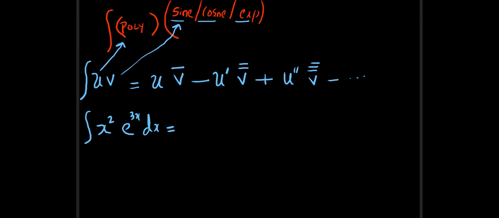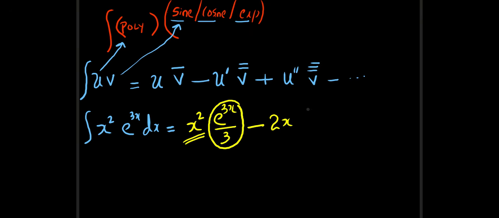Okay, so let's try the rule. First function and the integral of the second will be e to the power 3x the whole divided by 3, minus the derivative of the first function, which is 2x, and then you integrate this again. So you get e to the power 3x the whole divided by 9, and again plus.